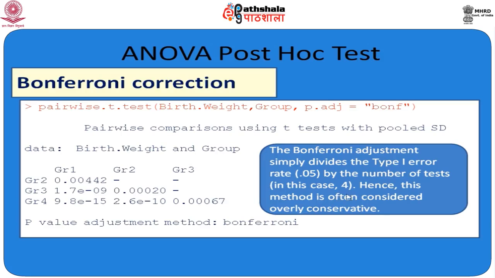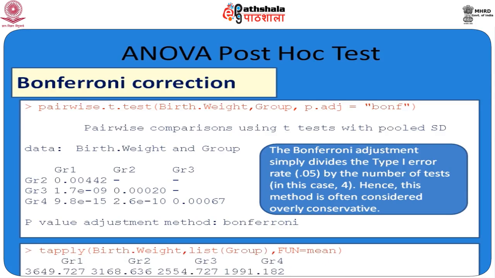Hence we divide equally for all the number of tests that you are going to perform. This method is often considered overly conservative. And if you just want to compare the means, for your comparison I just put the mean birth weight for the different groups. They are statistically significantly different.